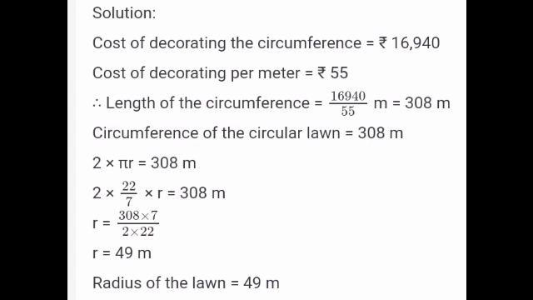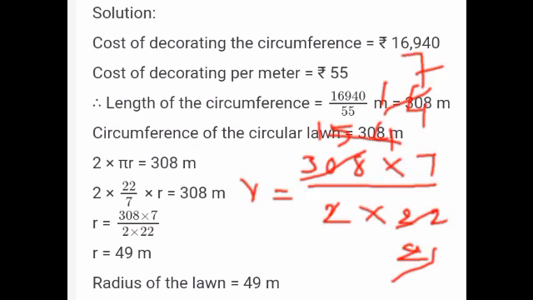R equal to 308, then 2 we can write in the denominator and 22 also in the denominator. Then 7 is in the numerator. Using the 2 table, first you can cancel 308. Then using the 11 table you can cancel that number. We get the answer r equal to 49 meter. That is the radius of the lawn.